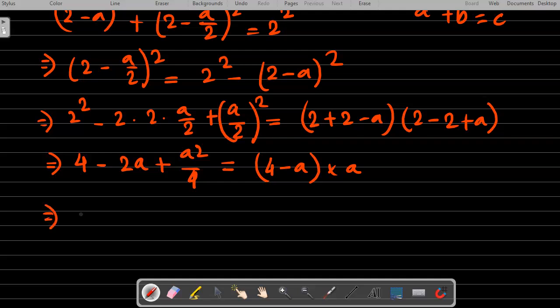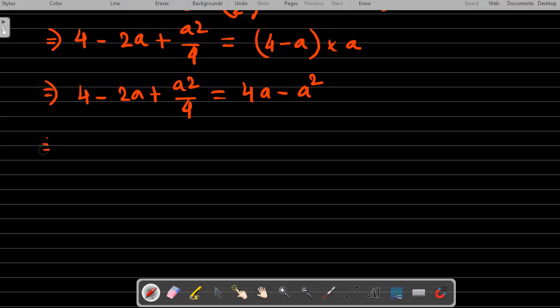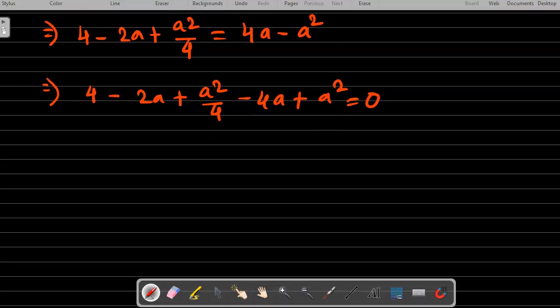So here you get 4 minus 2A plus A square by 4 is equal to 4A minus A square. So from here, take all this on the same side: 4 minus 2A plus A square by 4 minus 4A plus A square equal to 0.